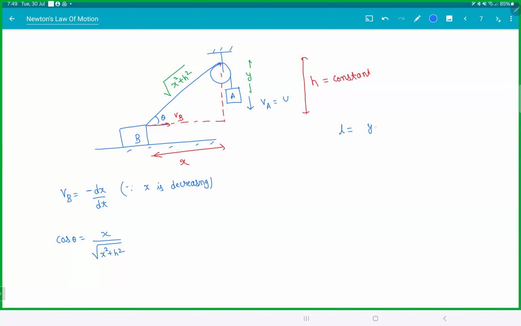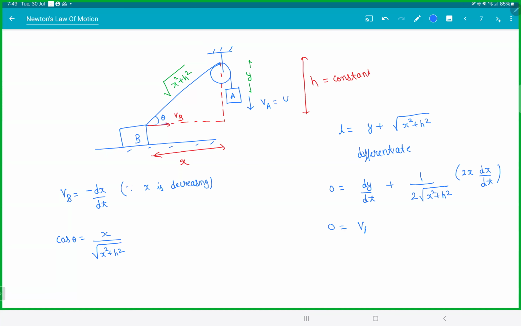Now, what is the length of the string? Length of the string is y plus root over x square plus h square. Differentiate on both sides. The length is constant, so its derivative is 0, and this is dy by dt. This is 1 by 2 root x square plus h square, chain rule. Differentiate inside: 2x dx by dt.